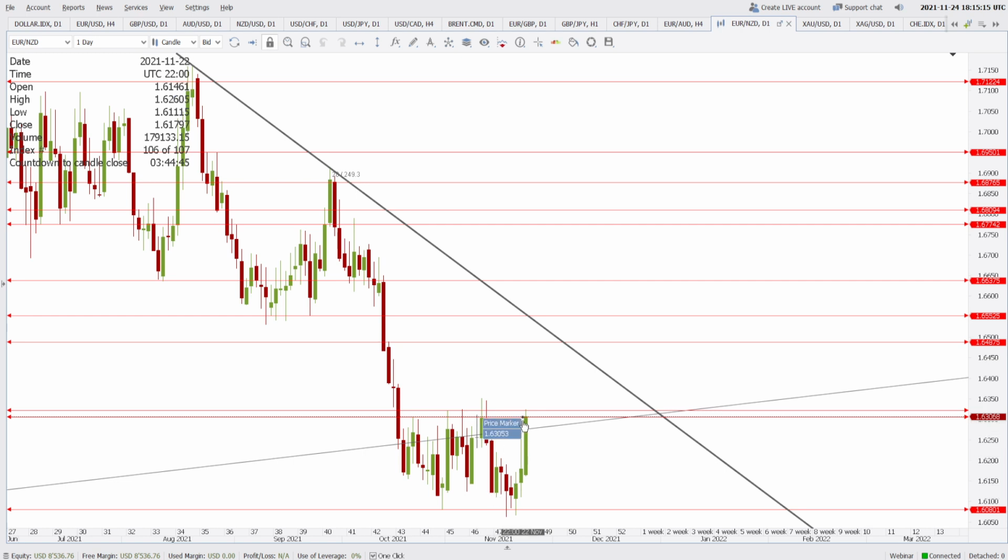Euro is bullish against the New Zealand dollar, but a closing higher than 1.6321 is required to confirm that now the bulls are in control of the market. Otherwise the price may drop back to 1.6080 in this market. So the resistance after a close higher than 1.6321 will be 1.6487. Otherwise the support will be 1.6080. If it closes higher, then 1.6321 is expected to start acting as a support in this market.